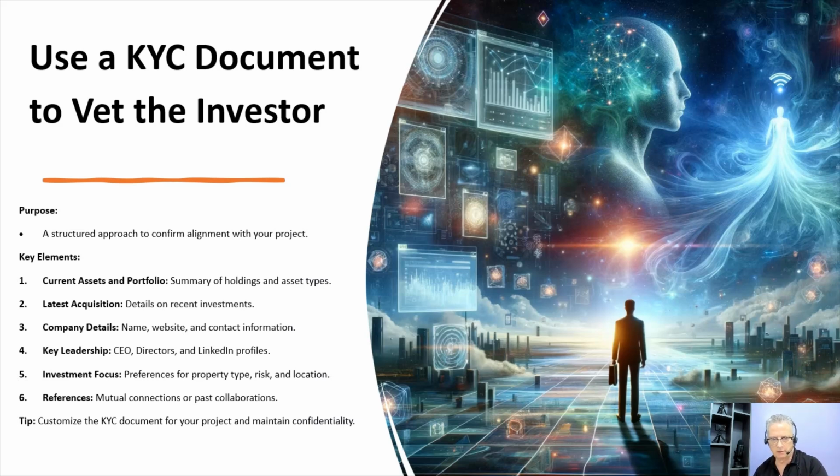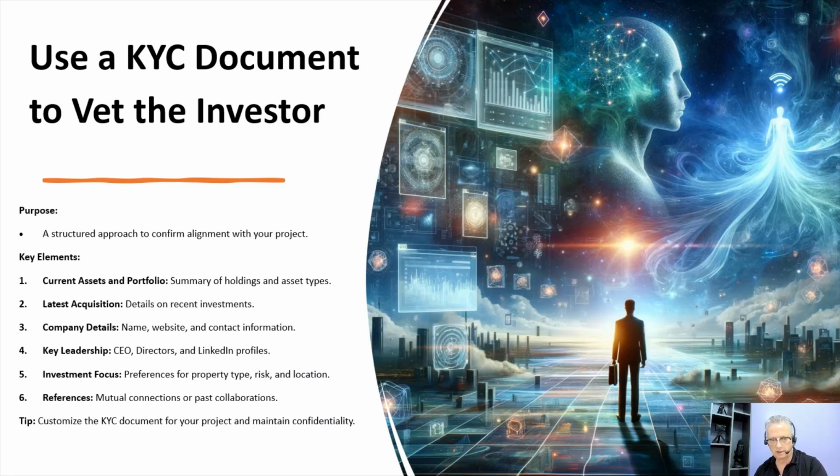Company details. Generally, if you're going to get a response online, you're probably going to get name, website, and contact information. So that's just basic. Sometimes you get these blind emails from Gmail accounts, so you're going to need to do a little more digging. I always like to get some information on the key leadership, CEO, directors, with their LinkedIn profiles.